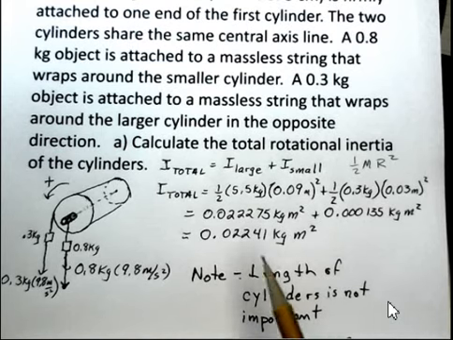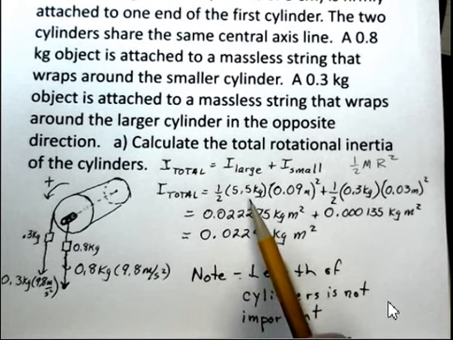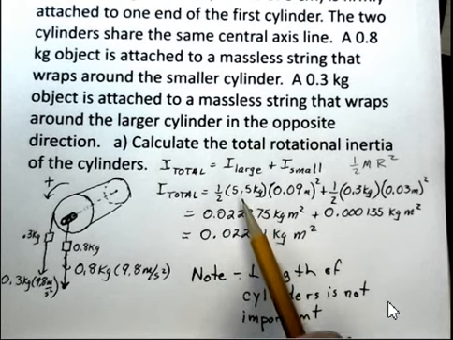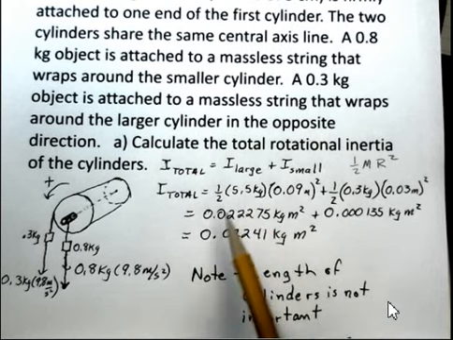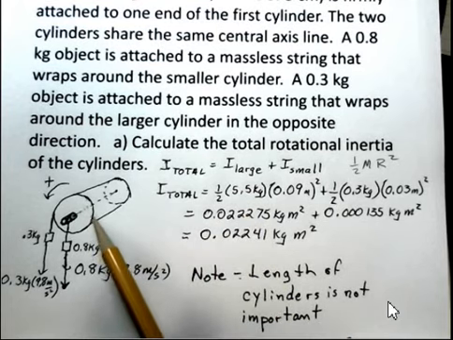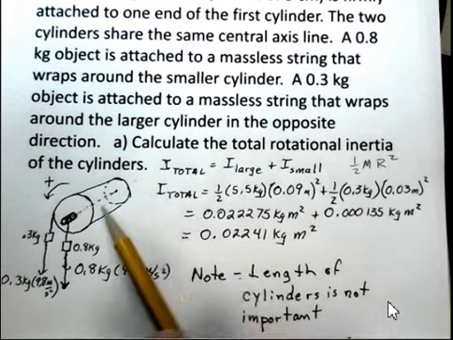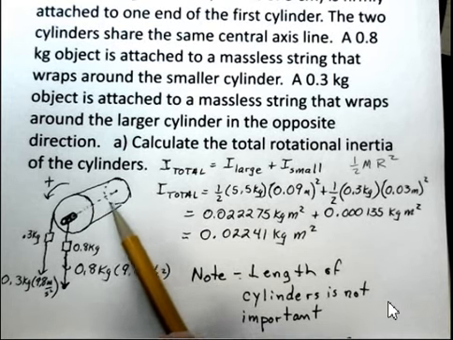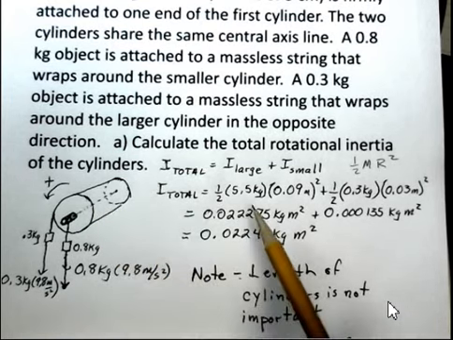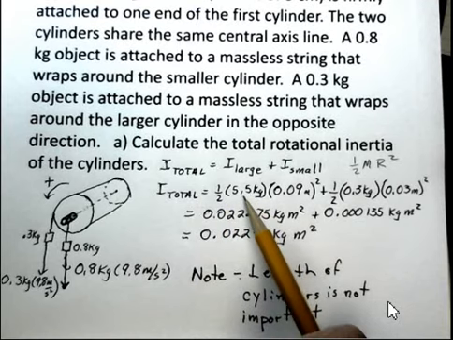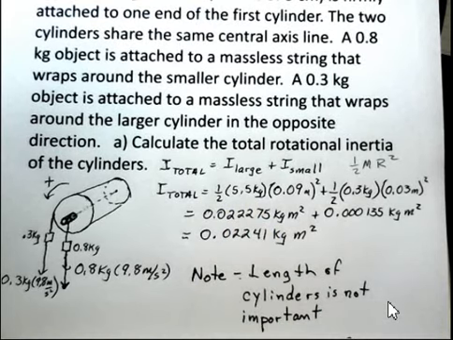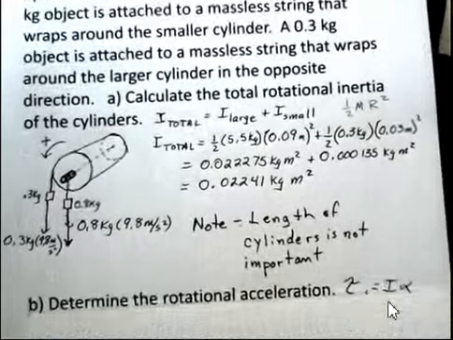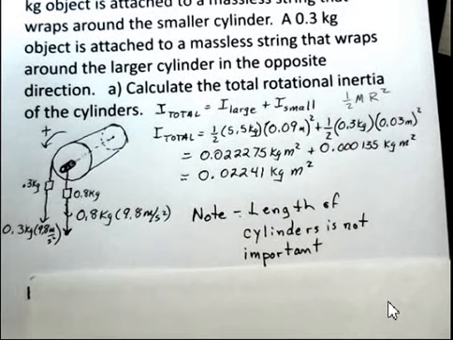It will change the mass, but we've already been given the mass of the object. If you were given the density and the dimensions of the object, then the length would become important for calculating the volume, and thus the mass you would use in 1/2 mr squared. But for this problem, we were given the mass, so we don't have to worry about L.